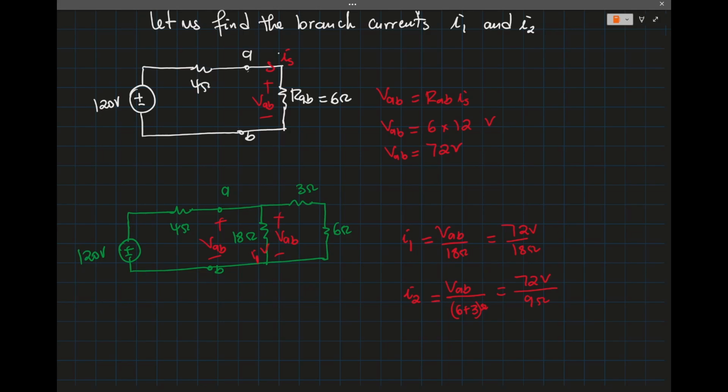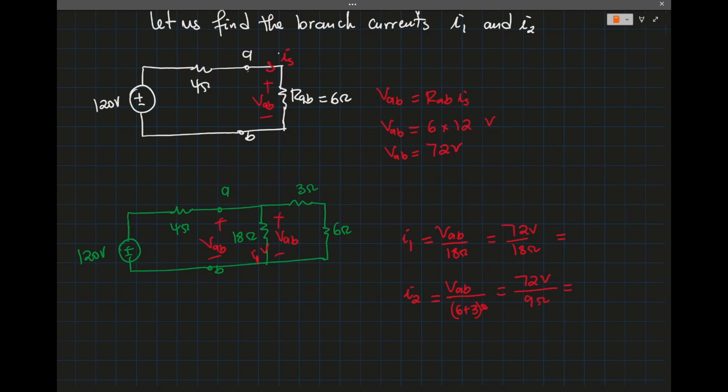When you put that in the calculator and calculate the currents I1 and I2, we must be able to check whether the KCL is satisfied or not, right? That's how we can check the work.